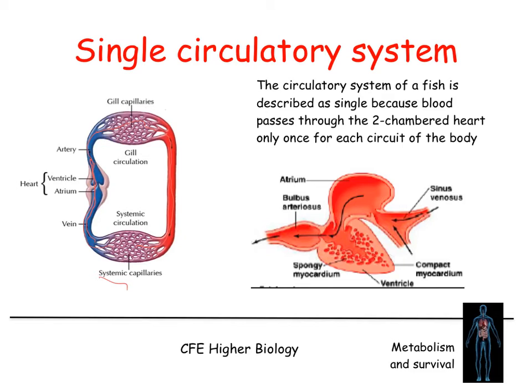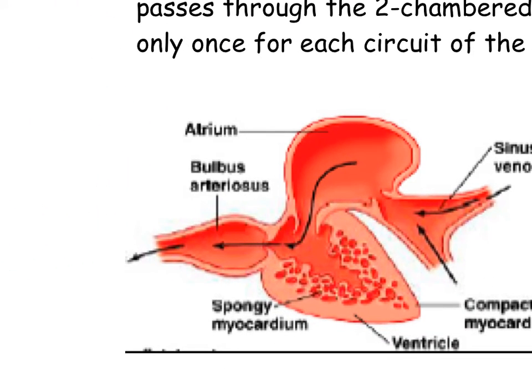It's a single circuit. If we were to look at the fish heart in a wee bit more detail, we'll have a look at this diagram here. The fish heart just consists of an atrium, so blood coming through here, and there's a valve between, so here's a valve, and then into the ventricle, and then from there the blood is pushed out here, so it goes to the gills at high pressure, and then it's delivered to the capillaries at a low pressure.